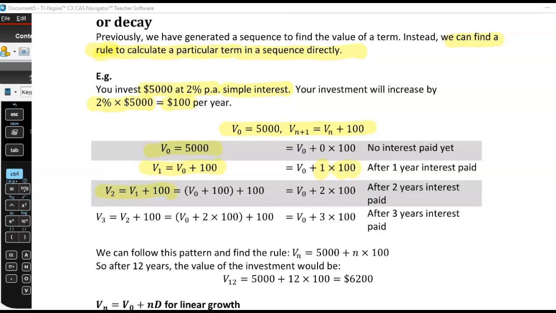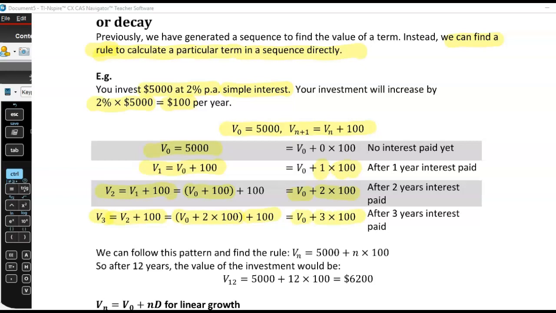Or what was V1? V1 was V0 plus 100. Or in other words, V0 plus 2 times 100. So V3 is equal to V2 plus 100. And what was V2? V2 was V0 plus 2 times 100. Then we plus another 100, so that's V0 plus 3 times 100.